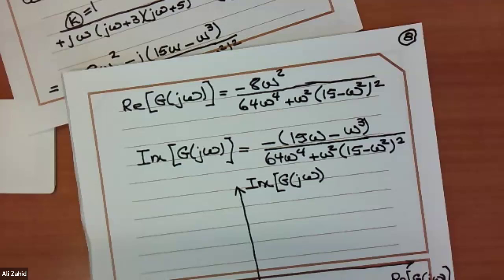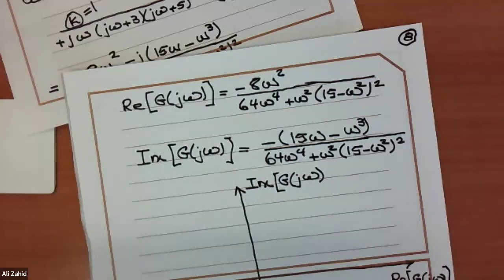Because we have 0 over 0. At omega equal to 0, what is the numerator? 0. What is the denominator? Also 0. So 0 over 0, undefined. I need to use L'Hopital's rule. Did you get it? Yes.